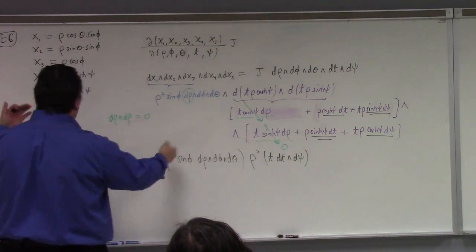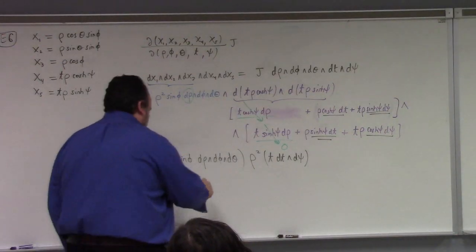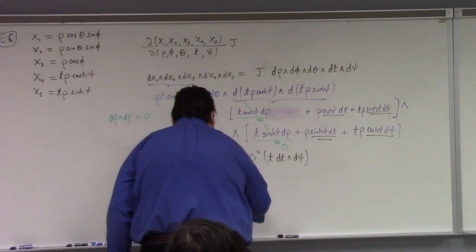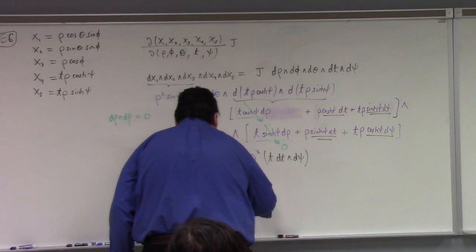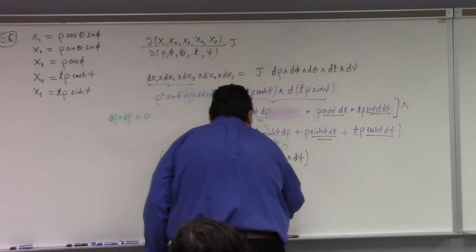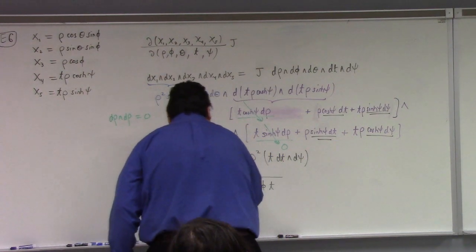My point is, I've not written all the details out, but I can see from this that I'm going to have rho to the power 4 sine phi times t as my Jacobian.